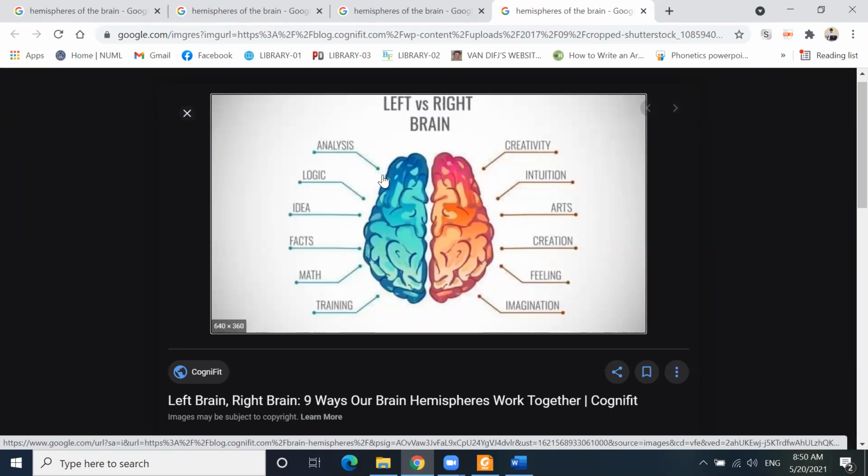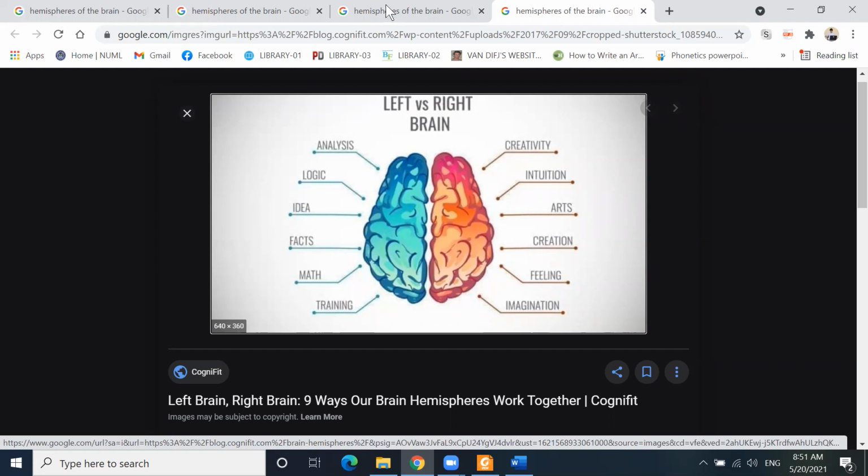These analytical tasks are primarily performed by the left hemisphere of the human brain. And those who are very creative have the right side of their brain very much active.